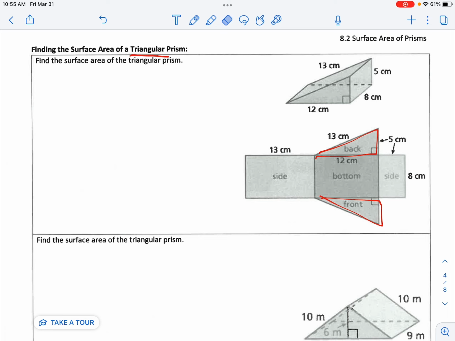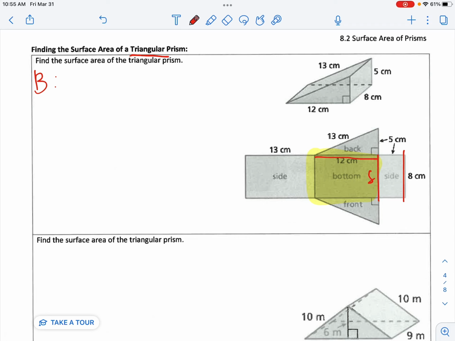Okay, so I'm going to start with the bottom. Okay, and it's easier if you label them to keep track of which ones you have done and which ones you haven't. So I'm doing the bottom. So I know it's a rectangle. My base is 12 and my height is right here. Okay, which, if you look over here, is the same right there. So it is 8. That's a bad 8, but it's an 8.